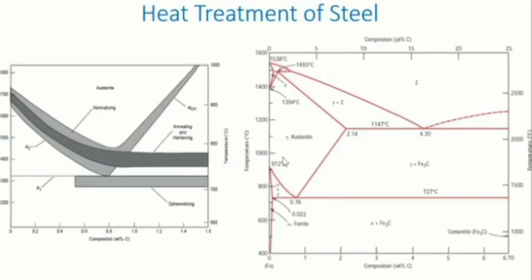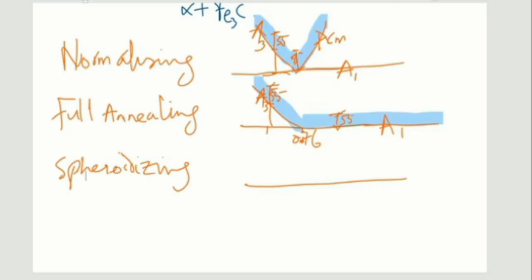So the A1 line is 727. This is the A1 line at 727 degrees. This is the eutectoid line or eutectoid temperature line. So either heating below it at 700 degrees.